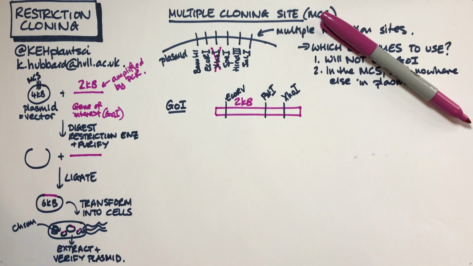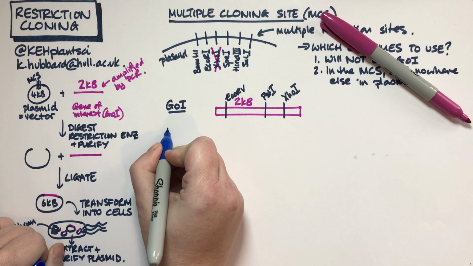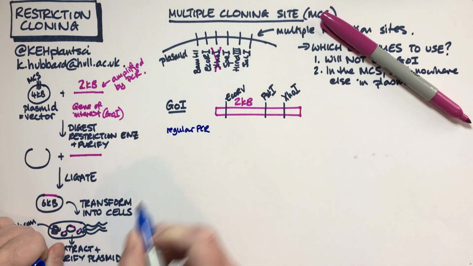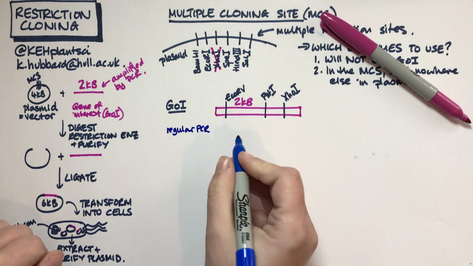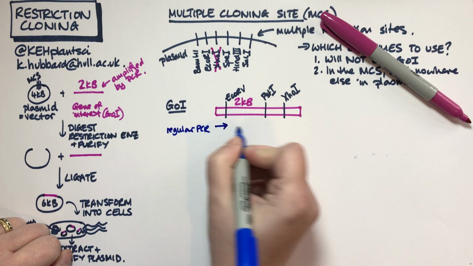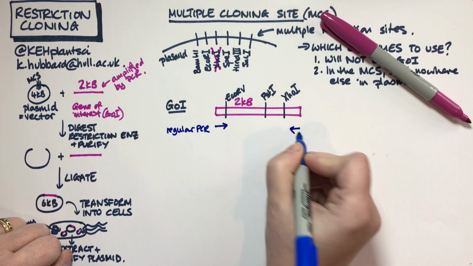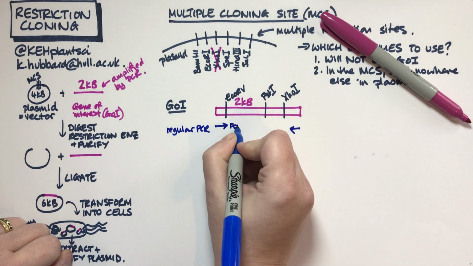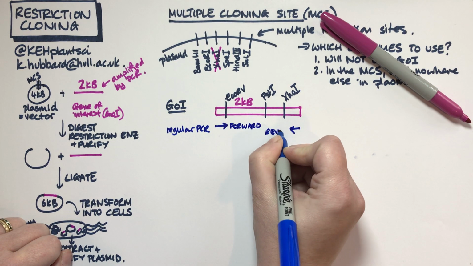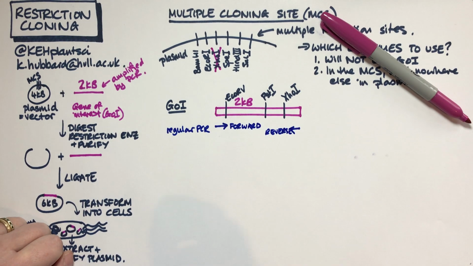So if you did regular PCR, just to see whether a gene was present or not, then what you would do is to design primers for each end of your gene. So you'd have a forward and a reverse primer.